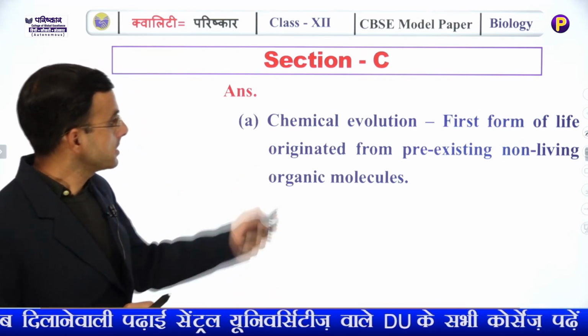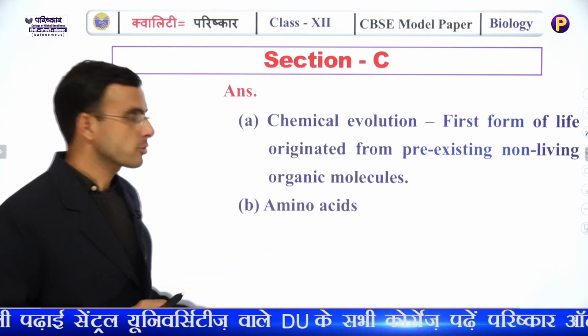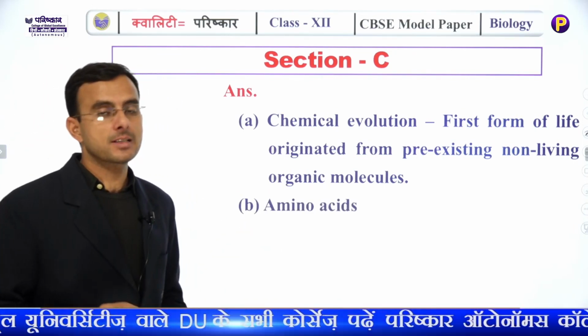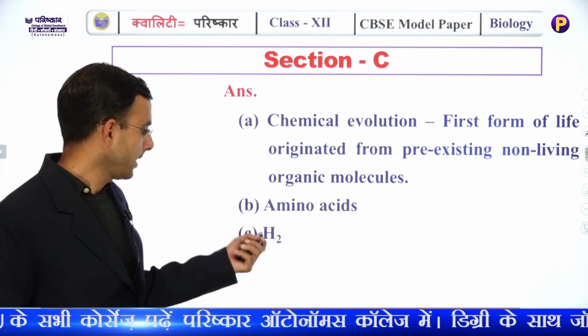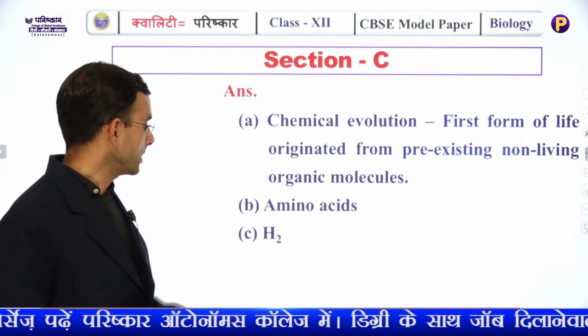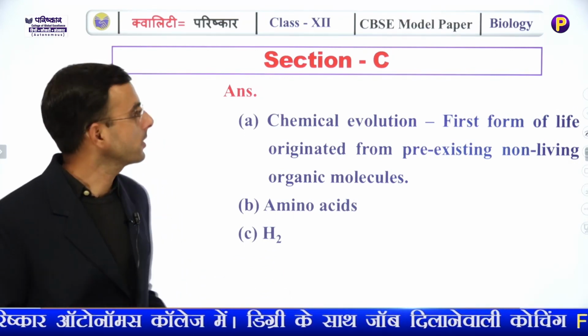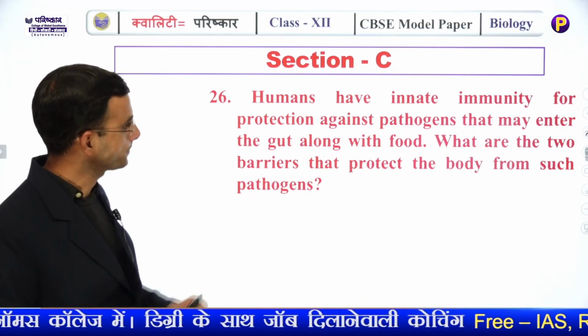So that is chemical evolution. Amino acids are synthesized, they are the basic building blocks, and in this one, the last answer is that hydrogen is absent. Hydrogen is very much important.